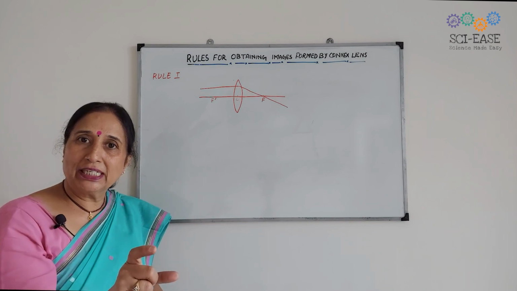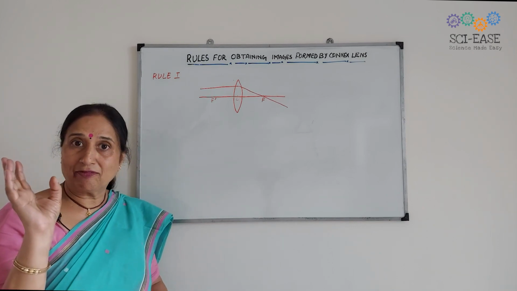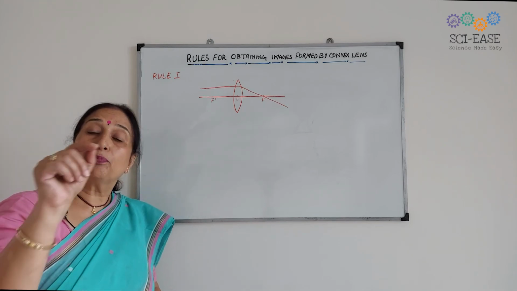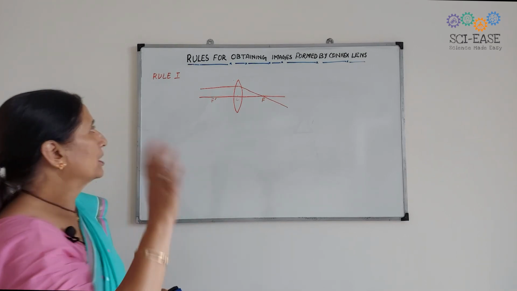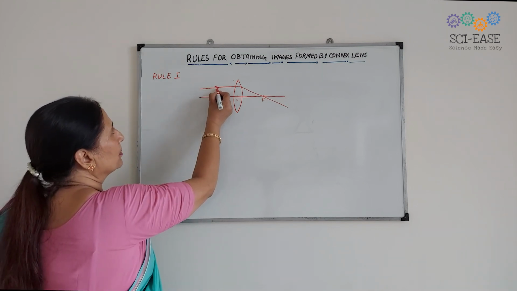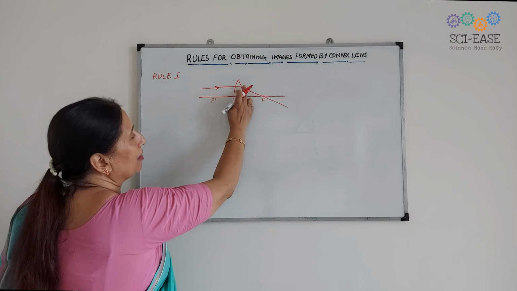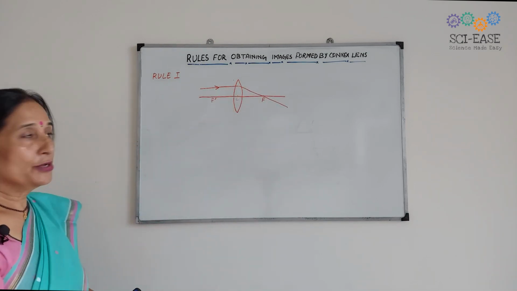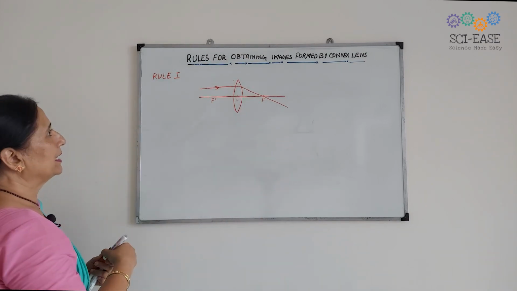Where these two rays meet, the image will be formed. By that you can tell the position and the nature of the image formed. So rule 1 is when the ray parallel to the principal axis falls on the lens, after refraction, it will pass through the focus. You must write this, but I have told you by drawing the diagram.